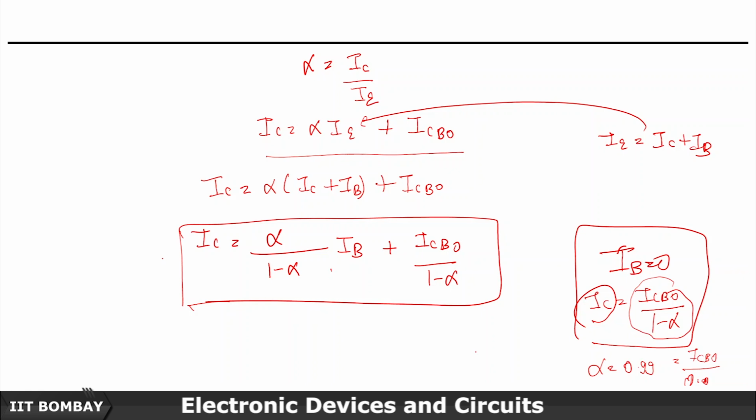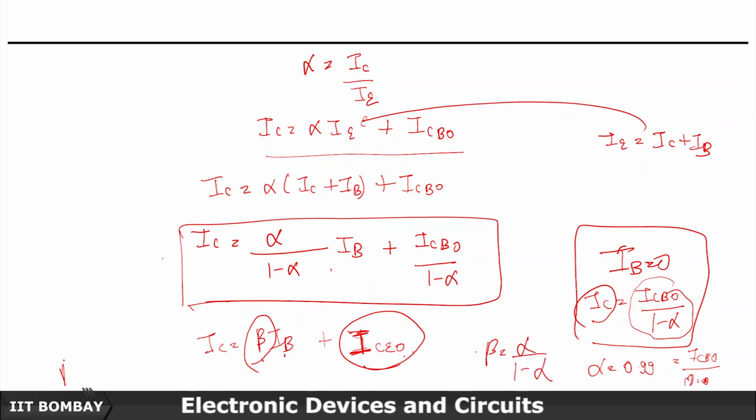So now here we can define IC is equal to beta IB plus ICEO. So this is the current when your base current is 0. This is the current you are going to have, and beta is your amplification factor, alpha divided by 1 minus alpha.